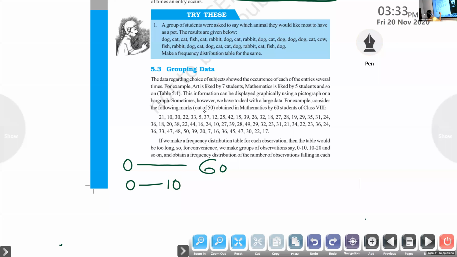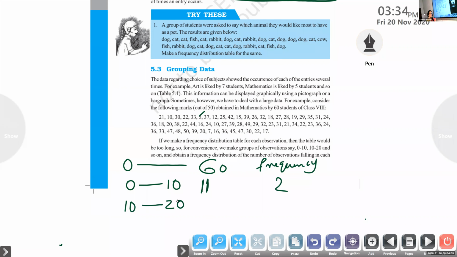Here 5, so we put 1 tally mark, and again in between 0 and 10, 7 is there. So here we have 2 tally marks, and its frequency will be 2.